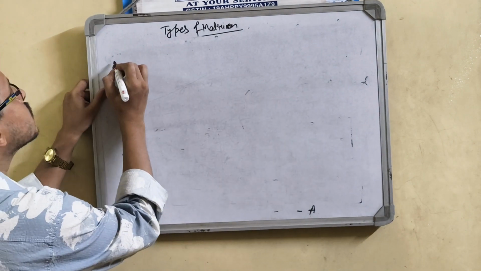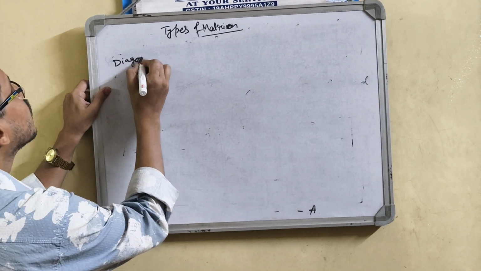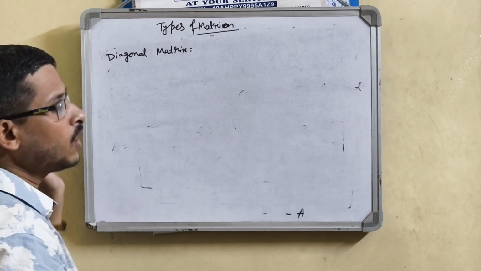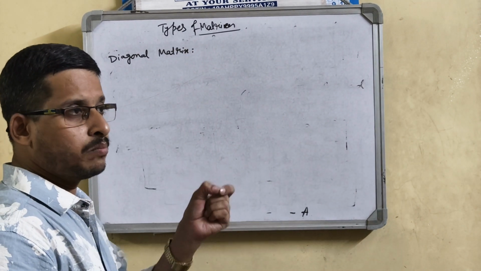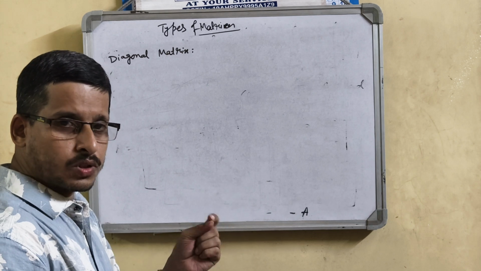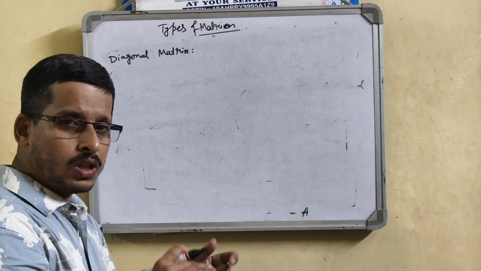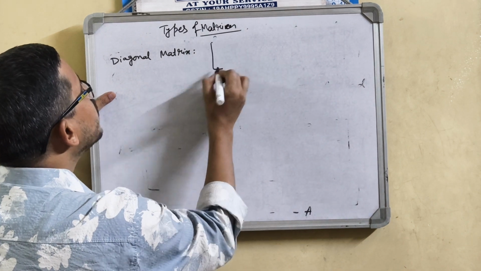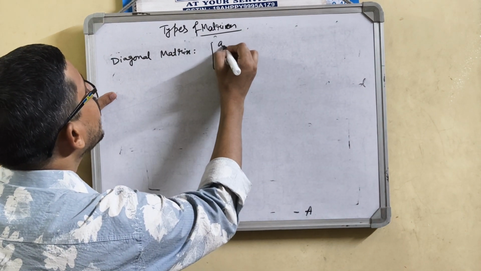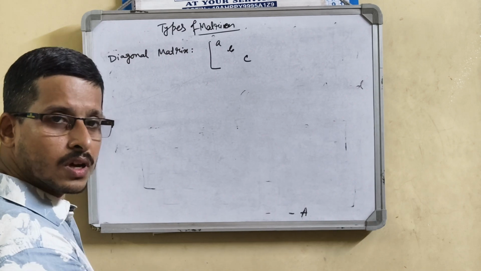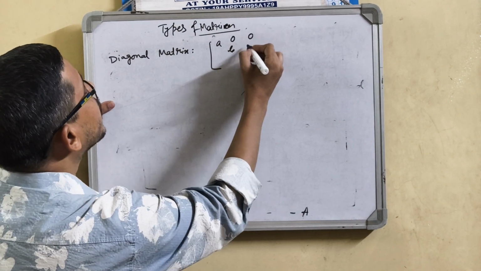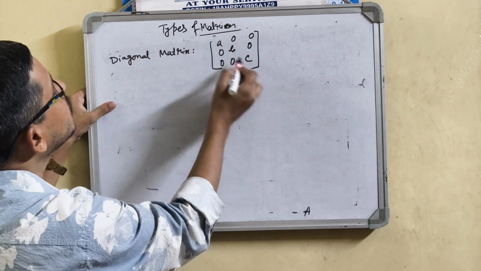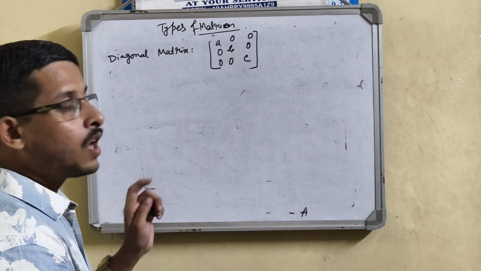Diagonal matrix means all the members are in the diagonal positions, and all the off diagonal members should be equal to 0. That means A, B, C are there, and all the off diagonal members will be equal to 0. So this is the diagonal matrix.